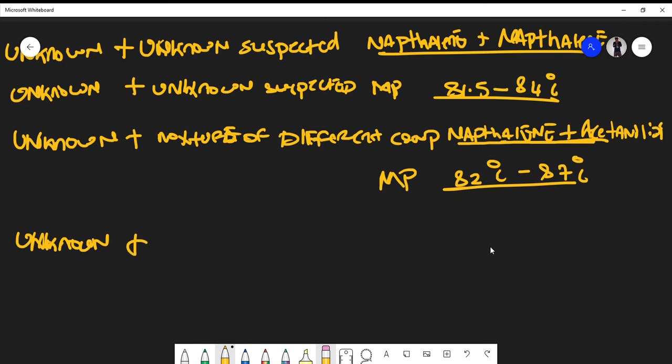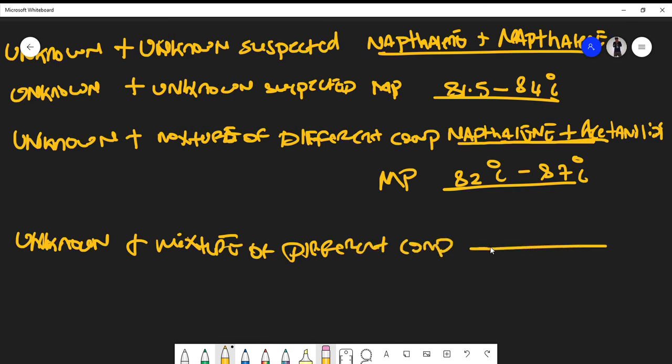I took my unknown plus the mixture of a different compound, another one, so not acetanilide, but rather this time I used methyl m-nitrobenzene.